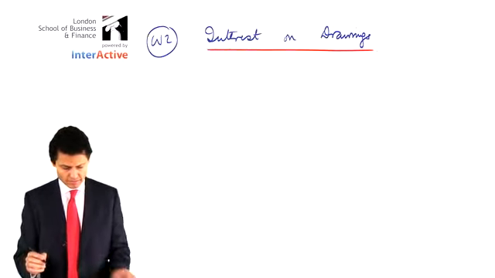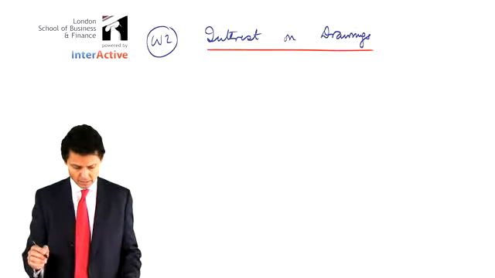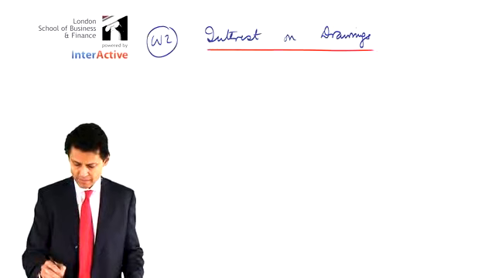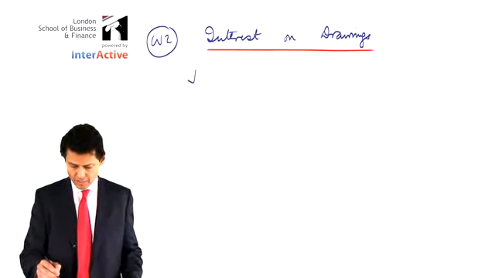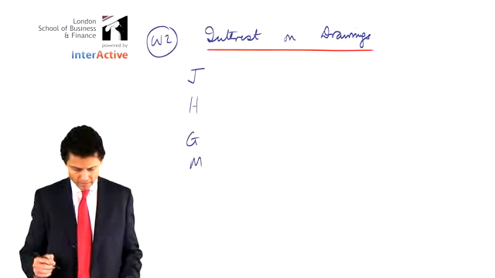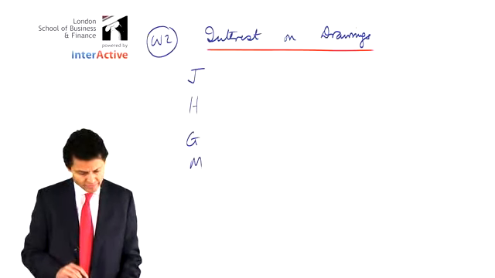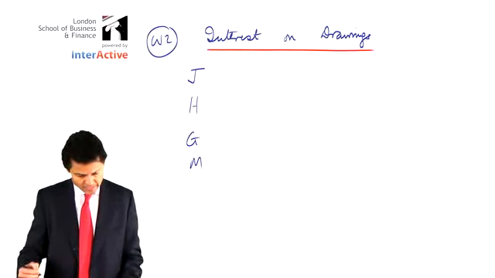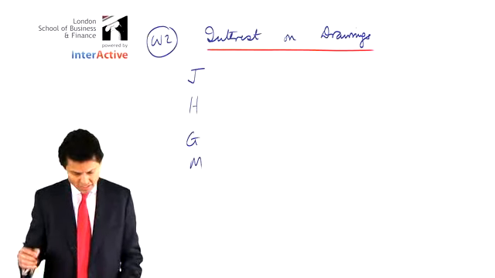And of course, if this is working 2, we have drawings by Jason, Howard, Gary, and Mark, respectively. Do be careful of this. Jason is rich but stupid, it says, withdrew 30,000.